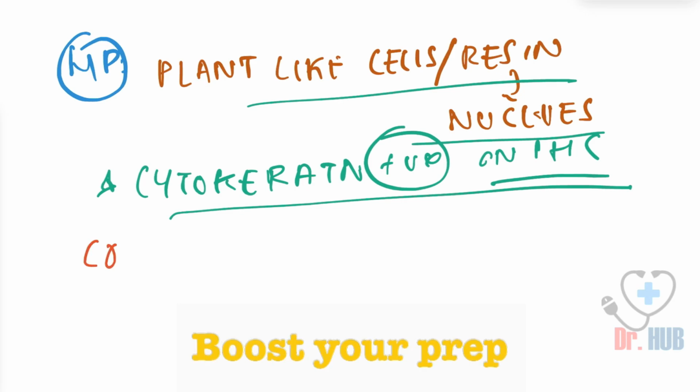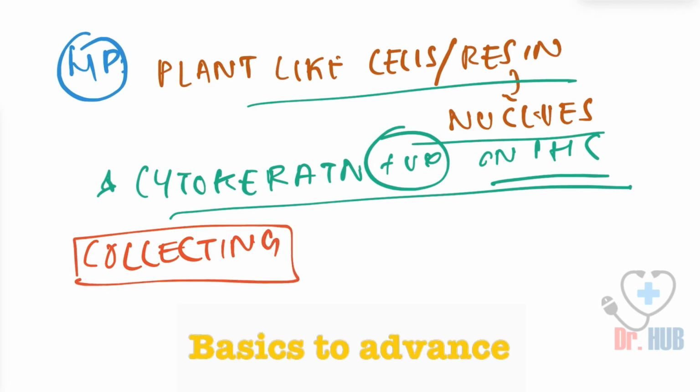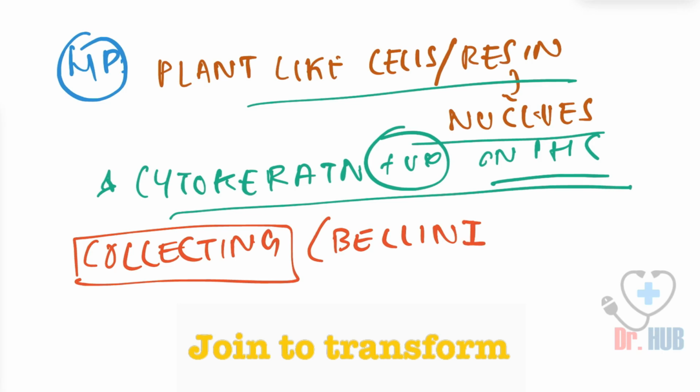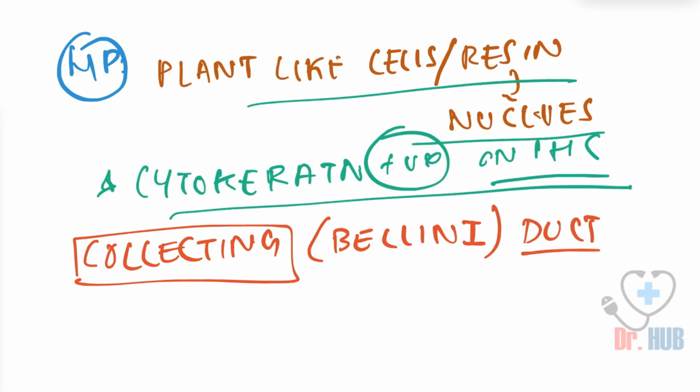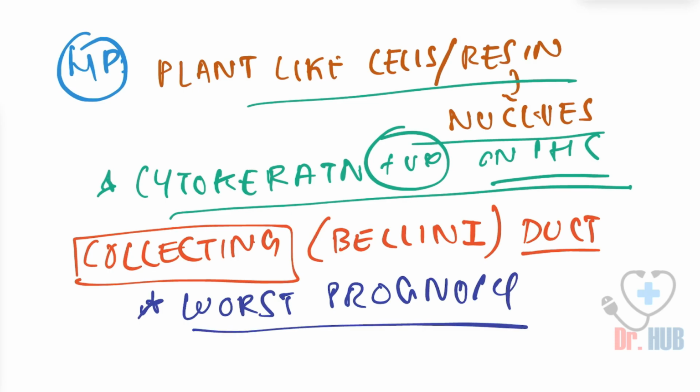Later we move on to the collecting duct, also known as the duct of Bellini. What is this collecting duct of Bellini? We need to know this has the worst prognosis. As the name suggests, it originates from the collecting tubules.